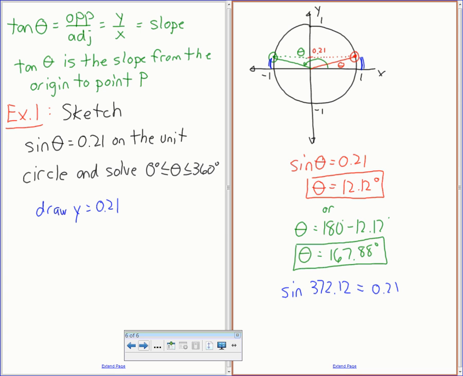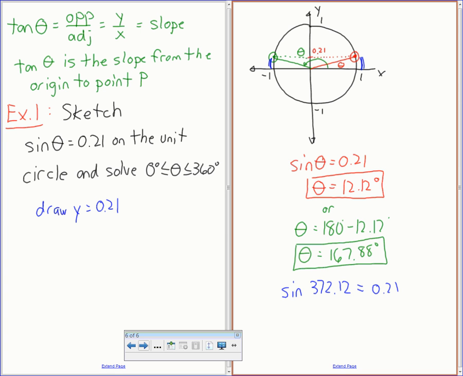So 360 always gets you around the circle again the same way. As long as the final position is the same, the angles are equivalent. So 372.12 is equivalent to 12.12 degrees.